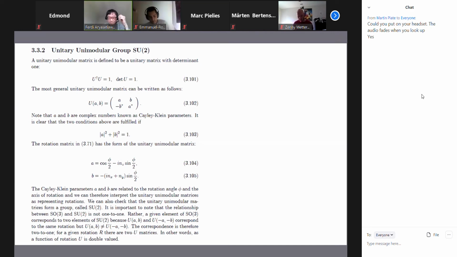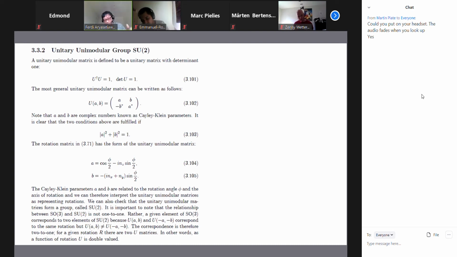Okay, so let's continue. Just to summarize what we said earlier. The rotation matrices in spin space, that is the 2 by 2 rotation matrices that we worked out before, are just the SU2 matrices.